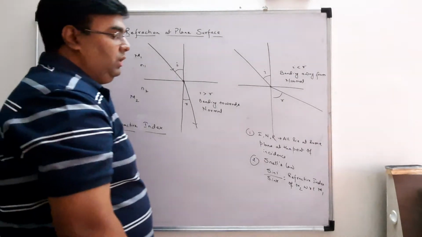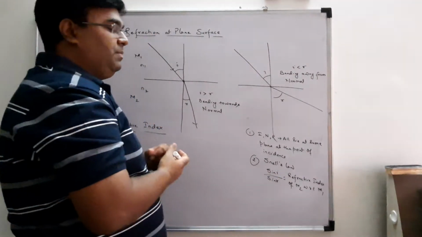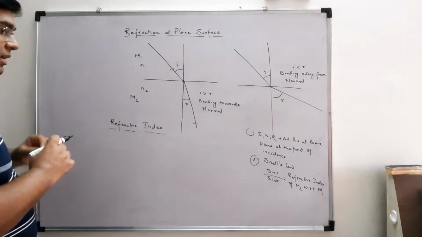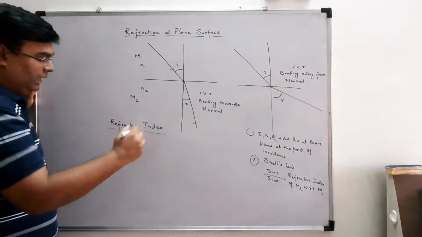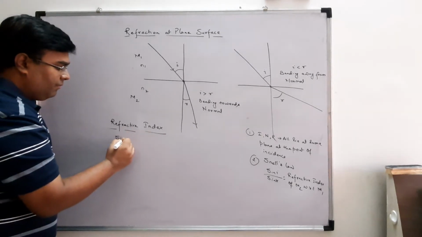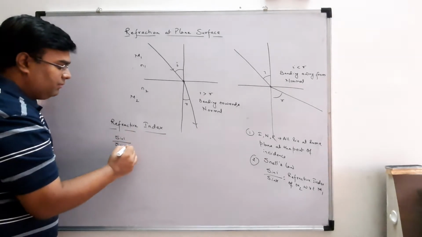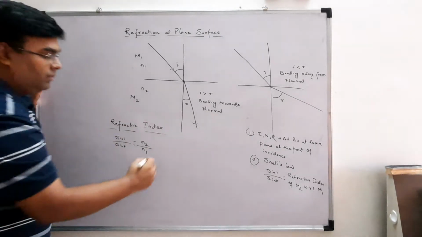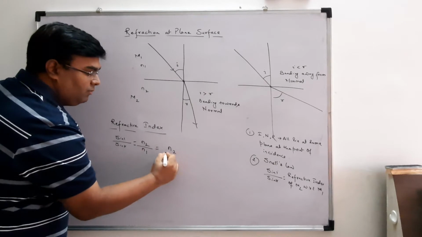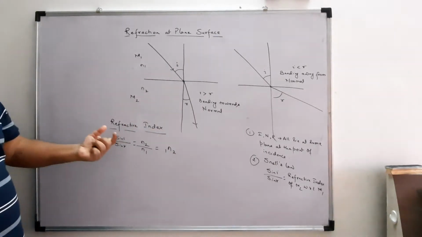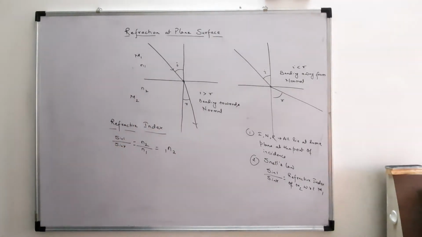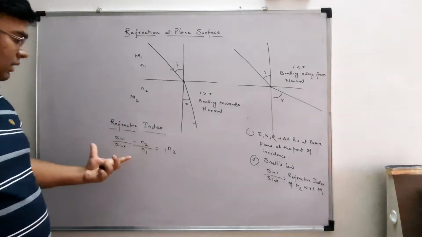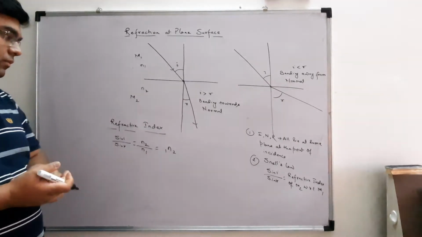The refractive index of M2 with respect to M1 is sin I by sin R, or in a different manner, sin I upon sin R is equal to N2 by N1. We write Snell's law in this form also.